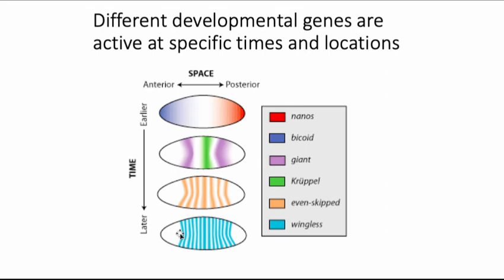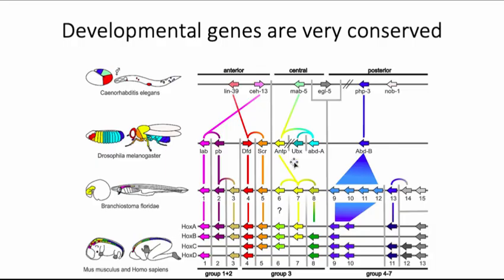So they are kind of like an orchestra director. They are setting in motion the development of the future structures. And those developmental genes are very conserved. When you look at organisms as far away as this nematode worm or fruit fly or a chordate and humans, you see, look at the colors, it's telling you what are the genes found and where are they expressed.